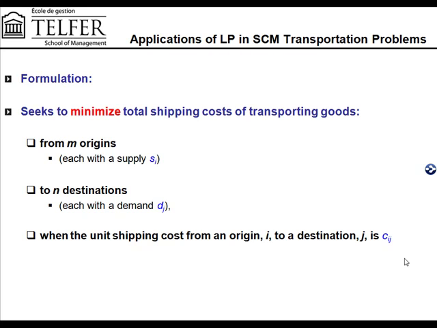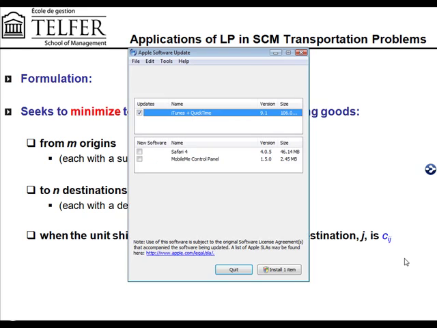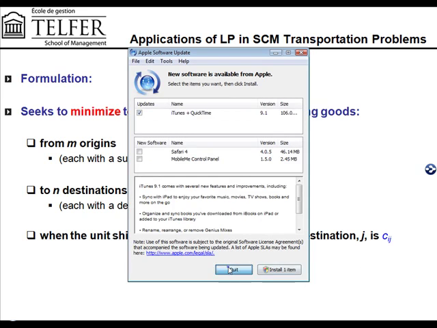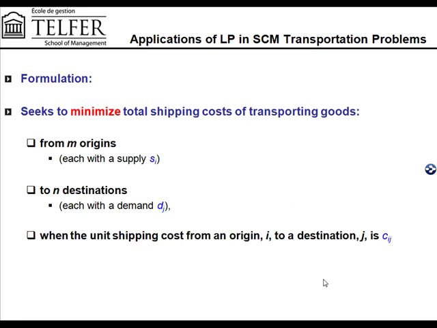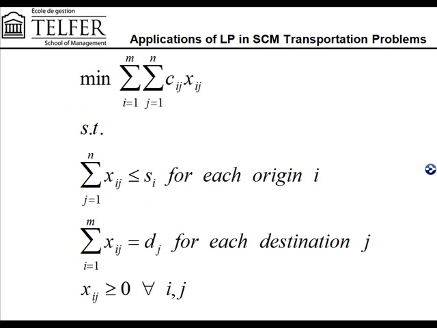The destinations or the demand points each have a demand which we denote as D sub j. So i and j again are just indices that we're using for various supply points and demand points. The unit shipment cost from point i to point j is C sub ij. So C sub ij simply shows you the cost of transportation from one supply point to a demand point.